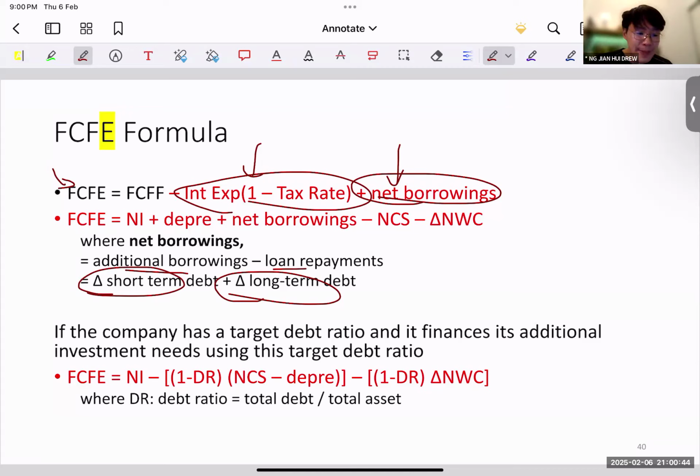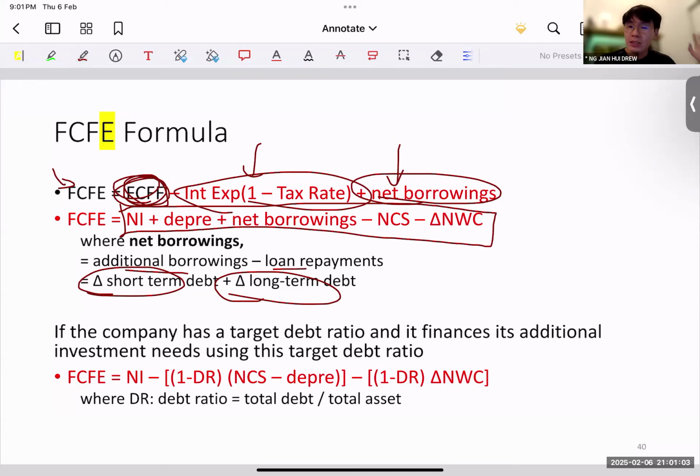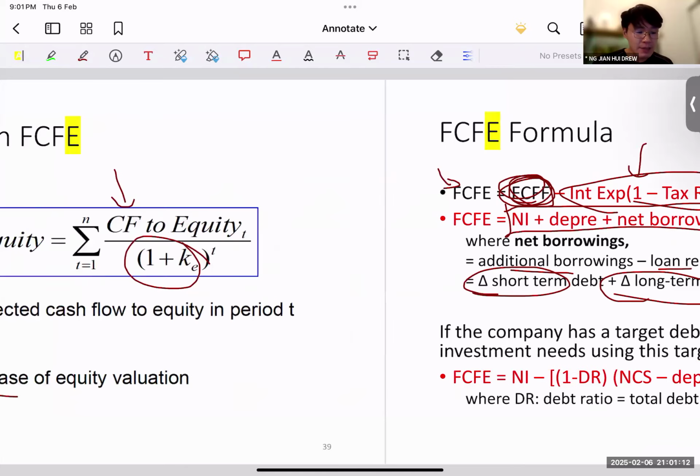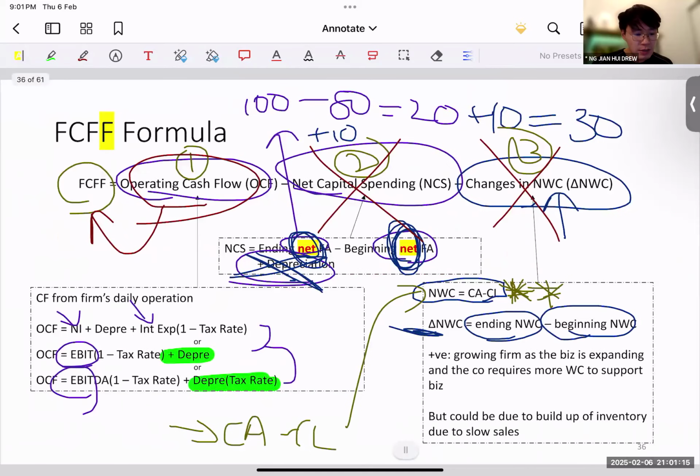Now, if I'm going to expand out your FCFF and then take into consideration your minus interest expense, the resultant is this. If I'm going to use your net income, I'm just going to flip back a few slides to show you how come your interest expense times one minus tax rate suddenly disappears.